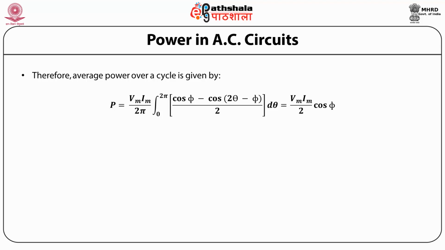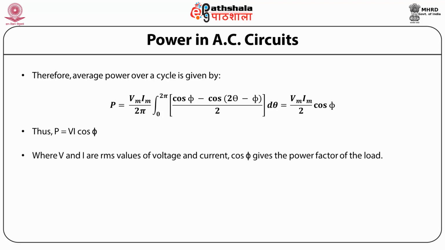Thus, the final expression for the average power over a cycle is Vm Im / 2 cos phi. Thus, P = VI cos phi, where V and I are RMS values of voltage and current, and cos phi gives the power factor of the load.